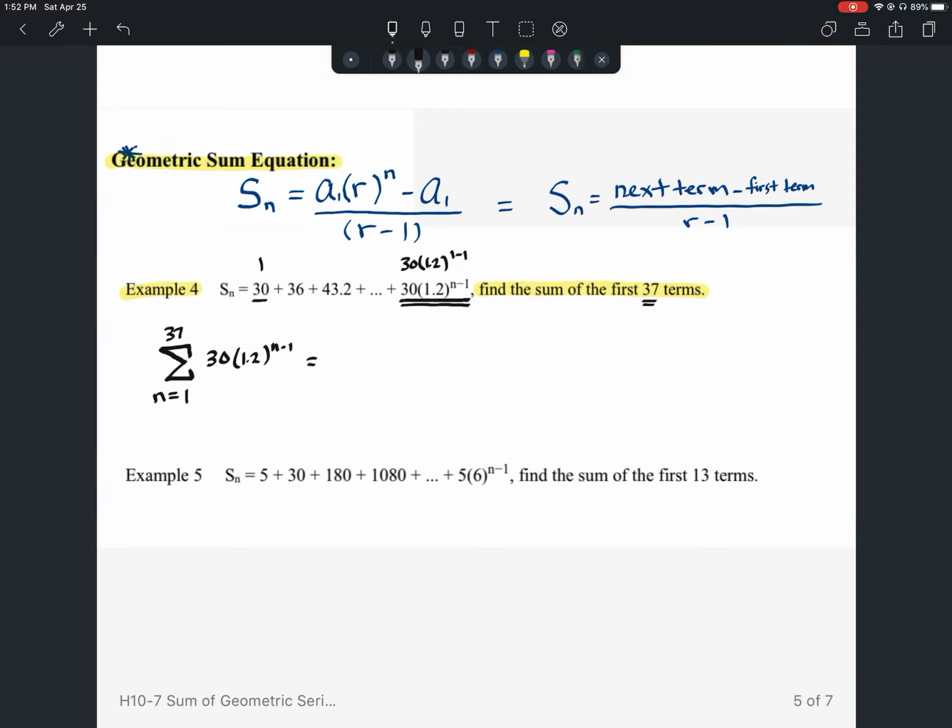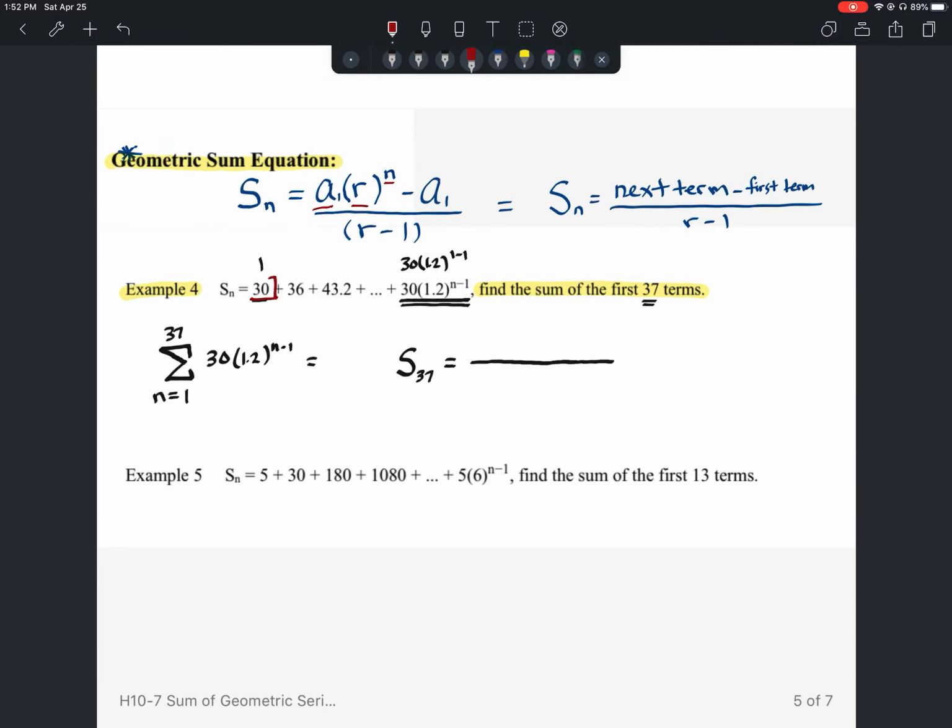So let's go ahead and actually use our formula. The sum of the first 37 terms should equal, okay, we need to plug in things here. If we look back up at our formula, I need my first term times my multiplier raised to the power of n.